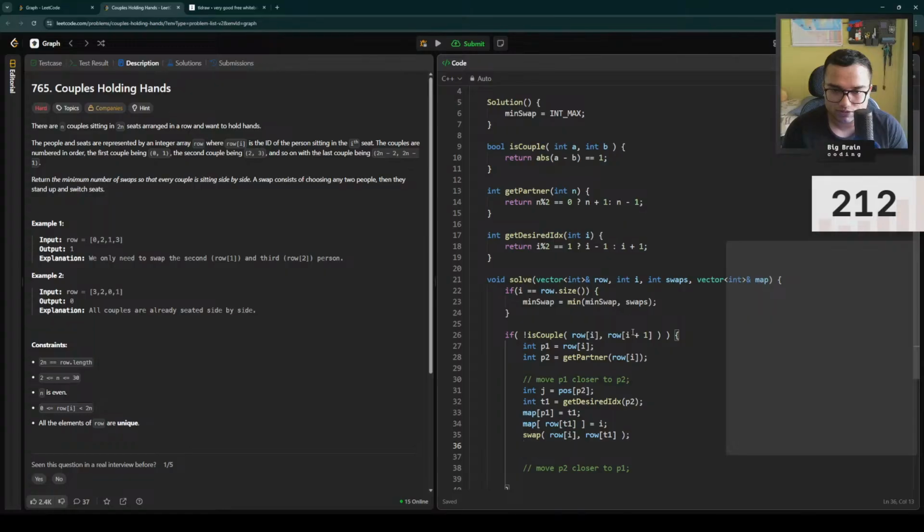Now when this swap is done, solve row. Now I should remain at the same position. Swaps plus 1 and map. Now I have to undo this, right?